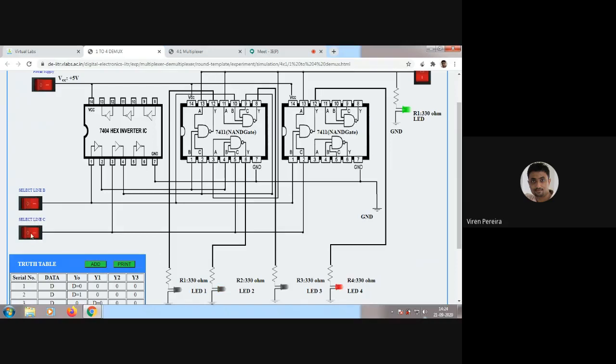Then we take when it is 1 and 0, add this. Then we take the input is 1. Then we take when it is 1 and 1, and this is 0, add.